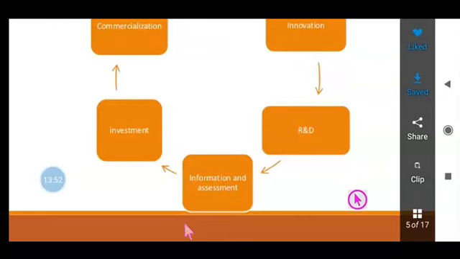And once the information and assessment of the research project is over, the investors will analyze the things.